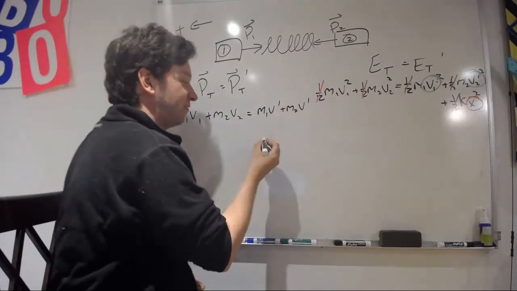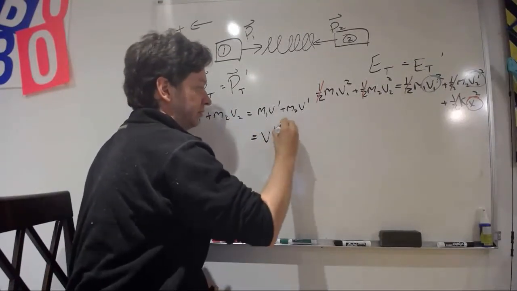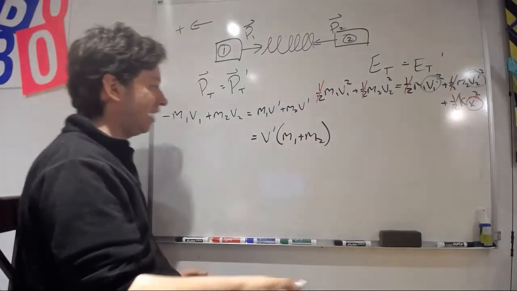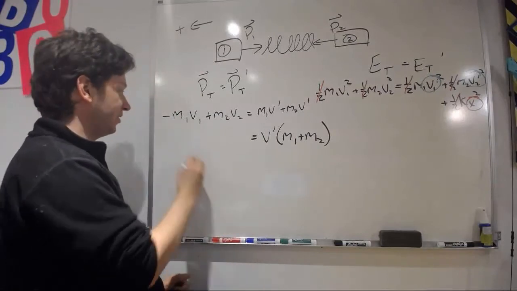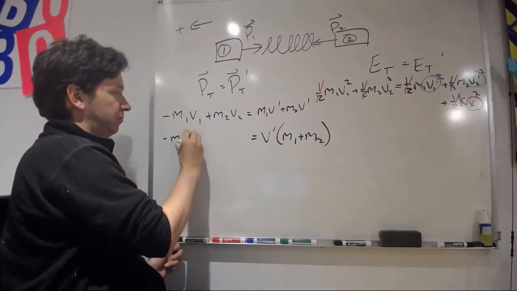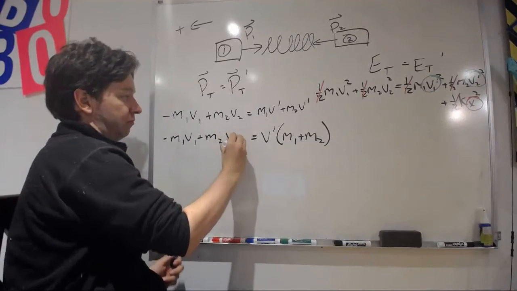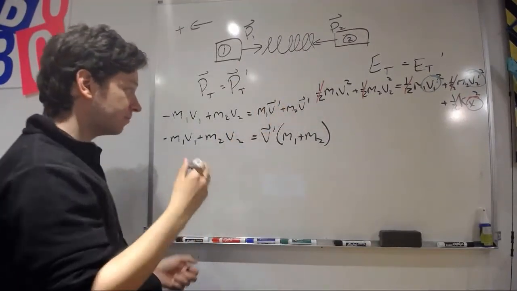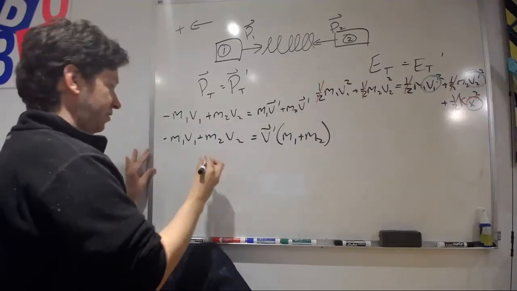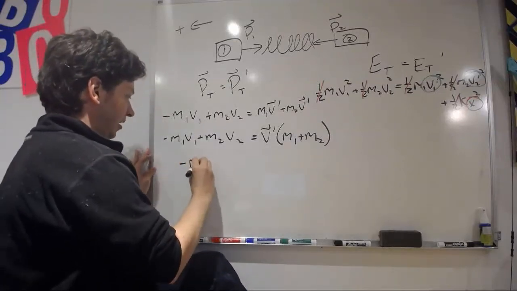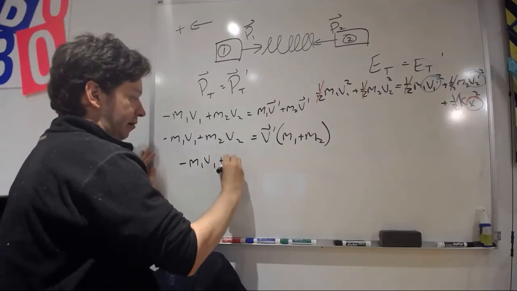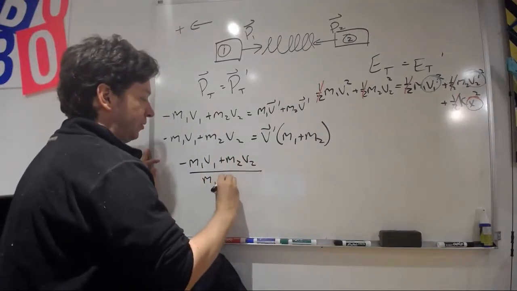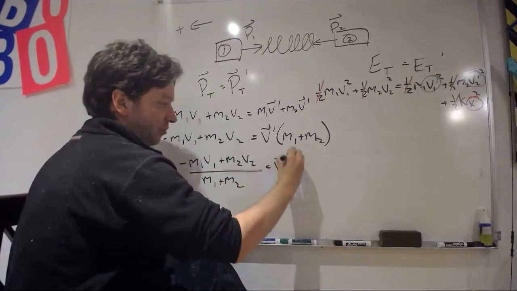And now we can actually factor it out. And we can divide both sides by that term. So if I divide both sides by this term, we get minus M1V1 plus M2V2 over M1 plus M2. That is equal to V prime.